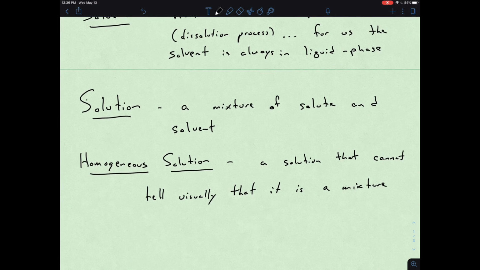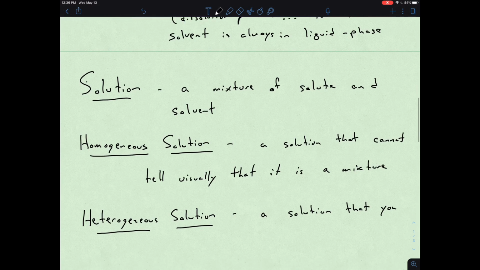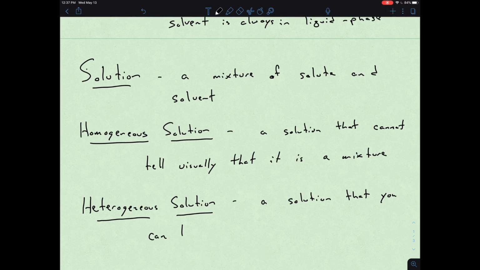And then we have heterogeneous. And this is a solution that you can tell visually that it is a mixture.